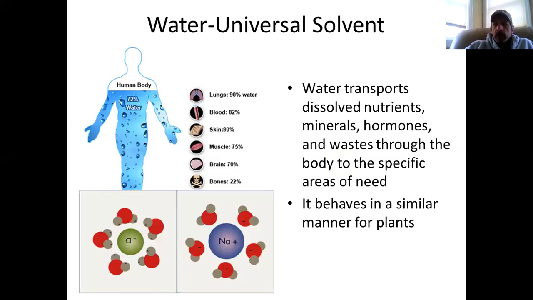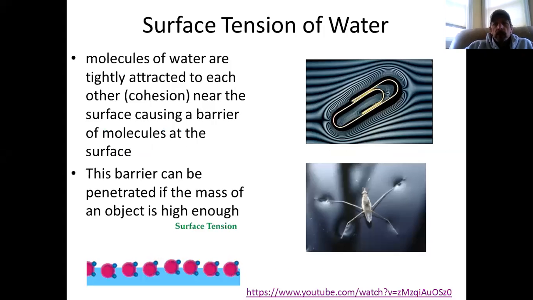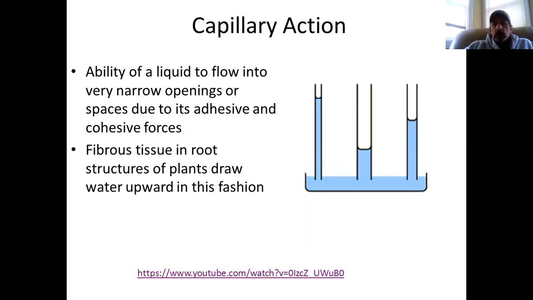That allows it to transport nutrients, wastes, hormones, or materials throughout a living organism, moving it to a new place. It creates a concept called surface tension. So near the surface of a liquid, there's a little bit of a skin or a barrier because the particles are more tightly attracted. And it creates something called capillary action, which actually allows plants to draw their minerals up without really having to do any work.